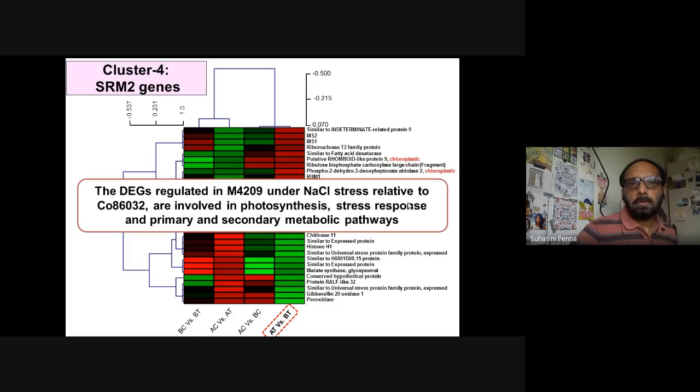We looked into what these genes are: genes for photosynthesis, stress responsive pathways, and some secondary metabolite pathways. Right now we are trying to isolate these genes from the mutant and functionally validate them by overexpression in another system, to see whether they can really bring that kind of improvement.